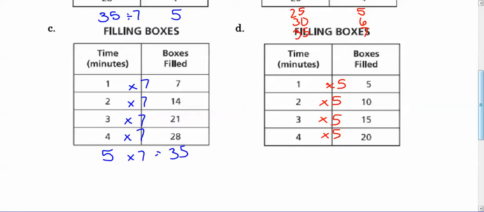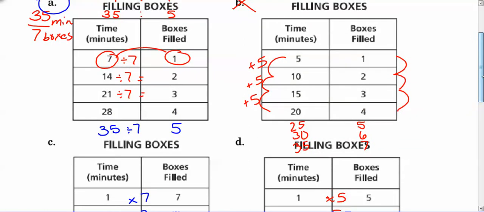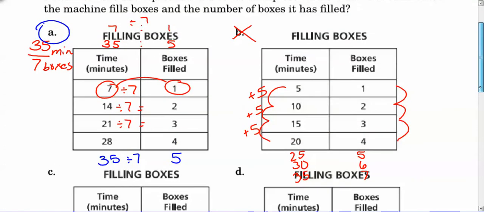A lot of kids get hyped over that, but the reality is that you're taking your boxes and multiplying it by 7 to get the time, or if you look at it the way that's shown in this ratio table, you're taking your time divided by 7 to get boxes. So we're looking for that 7-to-1 ratio to continue, and that's time to boxes.